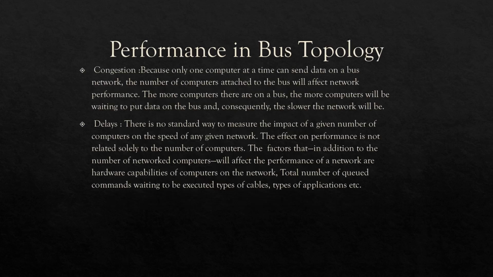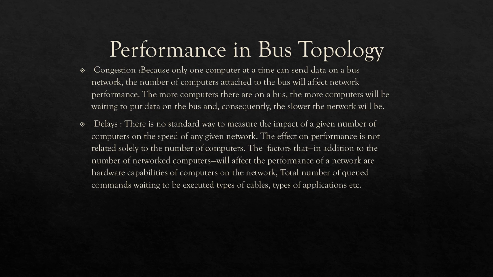But there are some performance issues in bus topology. For example, congestion. Because only one computer at a time can send data, the rest of the computers will have to wait to send their data. There are also speed delays in the network. There is no standard way to measure the impact of a given number of computers on the speed of any given network, nor does it depend solely on the number of computers.